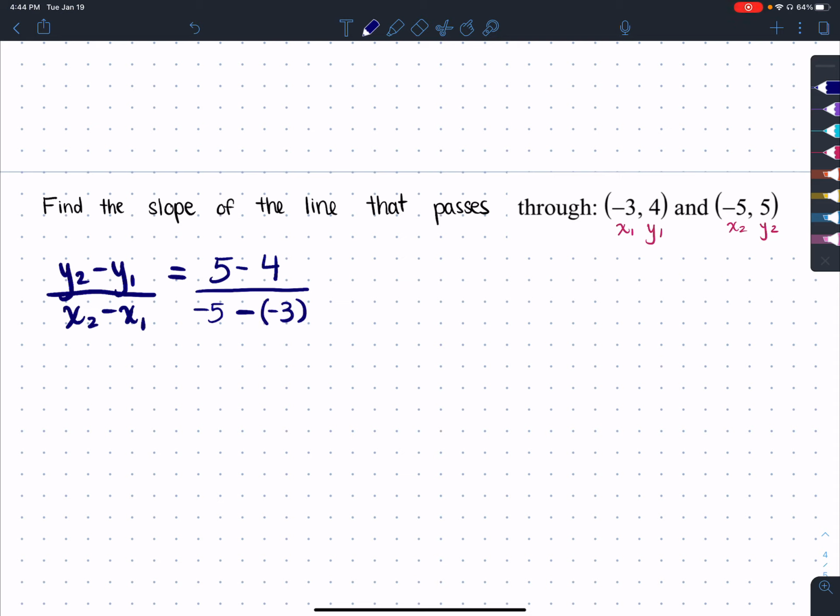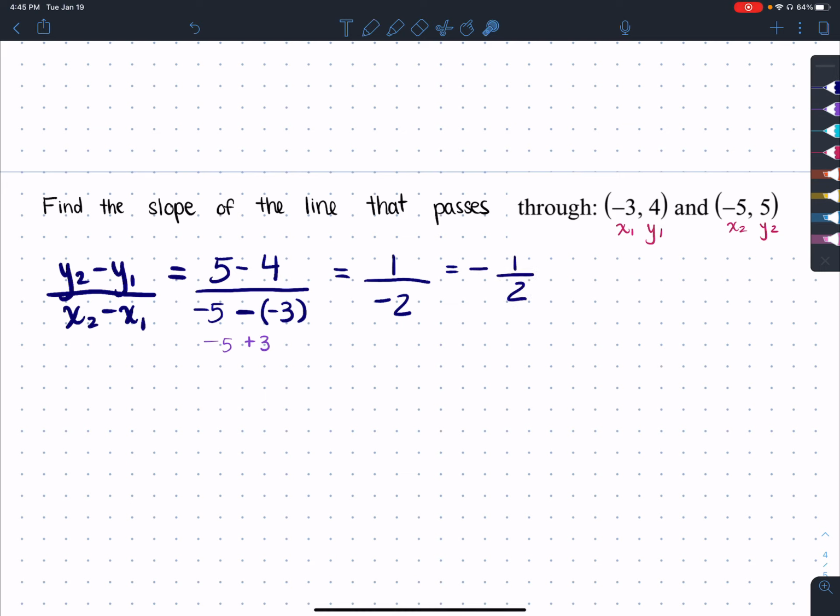Now I have a double negative. So here we end up with 5 minus 4, we get 1 on the bottom. This is -5 plus 3. Since that double negative turns into a positive. So 1 over -2, which becomes -1/2.